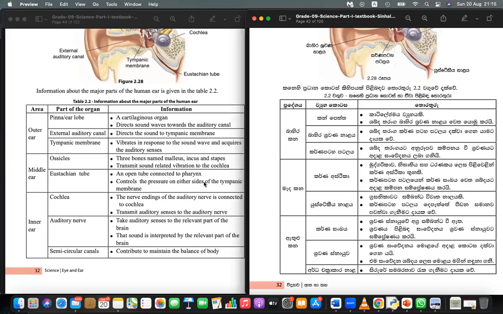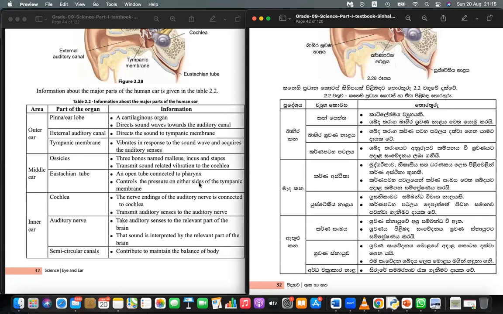Okay, I think now we have a clear idea of what is happening over there, and also the components there. We have a very clear idea about that, right? Then here the Eustachian tube is basically an open tube which is connected to the pharynx, and this controls the pressure inside and outside.